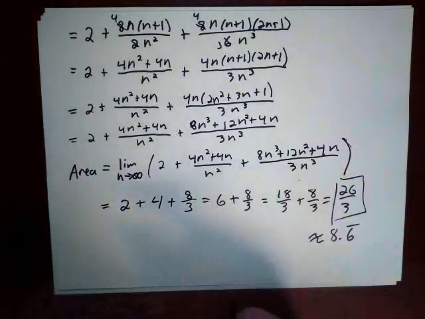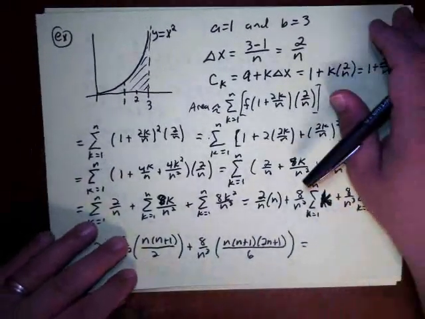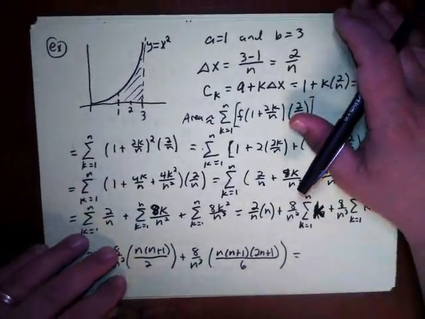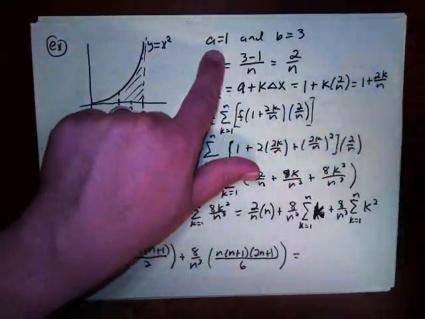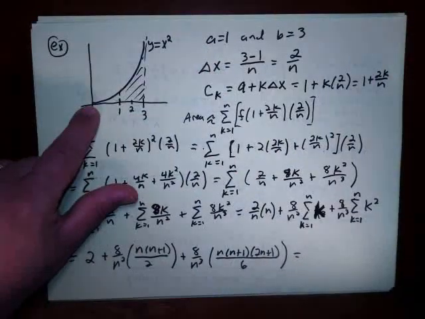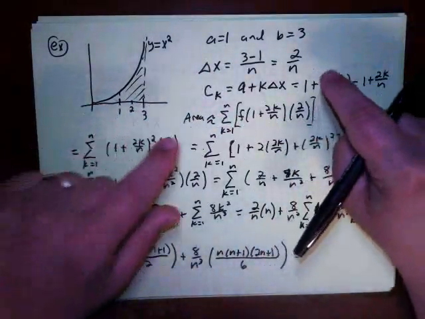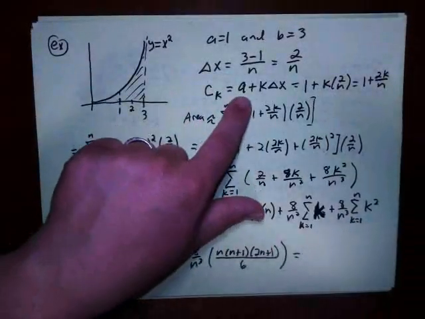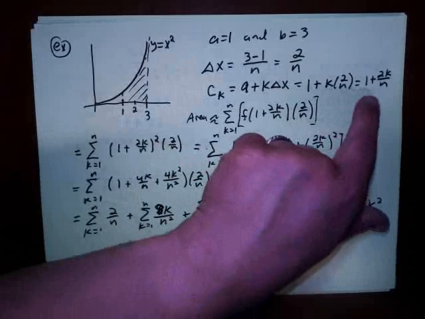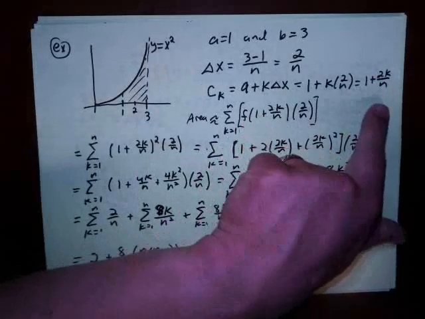Okay? And then let me make one other point. There's kind of two cases. There's a case when you're actually starting at 0, like if I went from 0 to 3 instead of 1 to 3, it would have simplified this a lot. The reason for that is that instead of this expression, 1 plus 2k over n, I would have just had 2k over n.